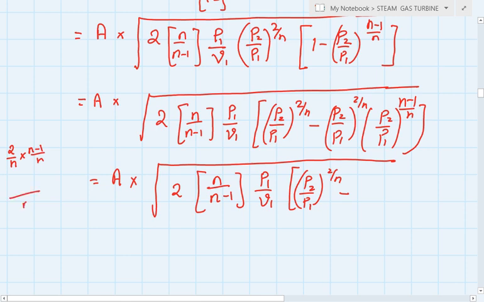So common will be n, so it will be n minus 1 only. So P2 by P1 to the power of n minus 1 by n, it will become plus 1.